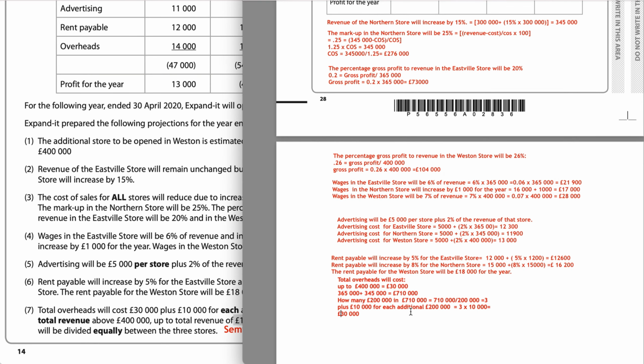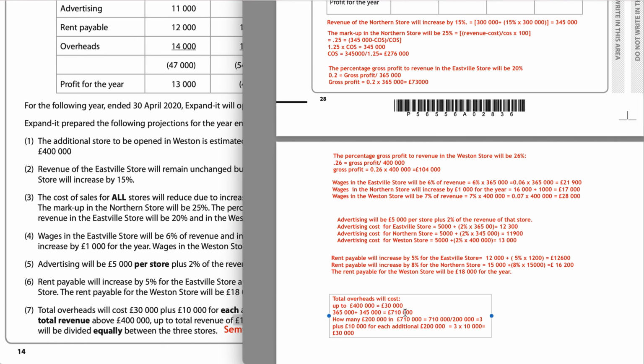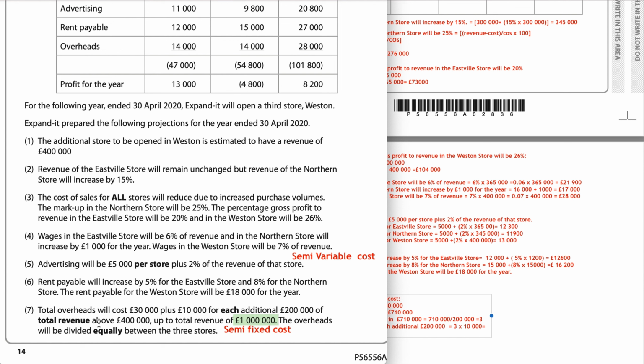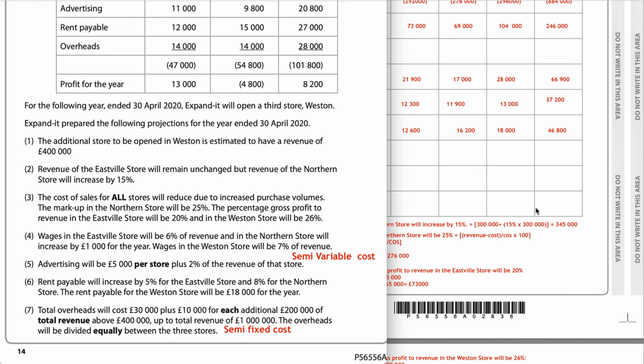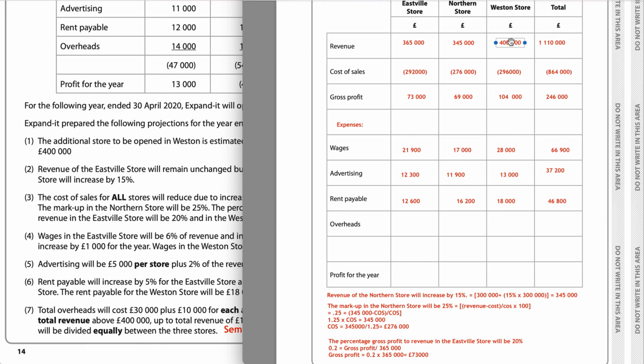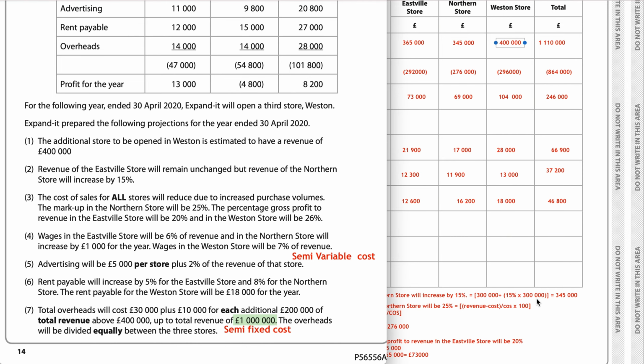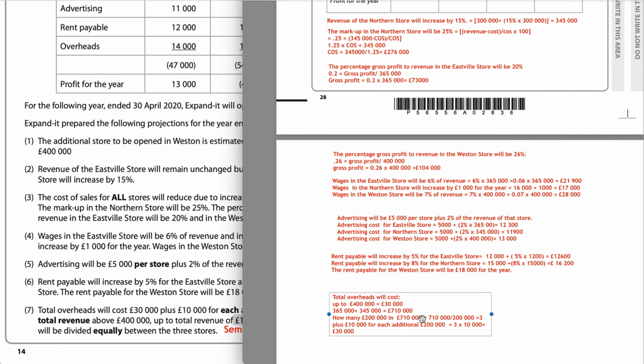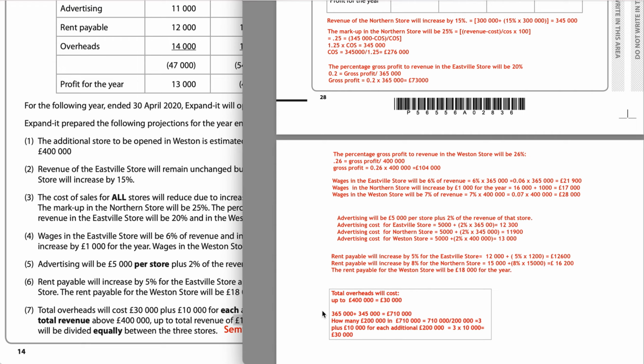If we take the first 400,000, it is 30,000 pounds, and anything above 400,000, the remaining 700,000, is less than 1 million revenue, right?